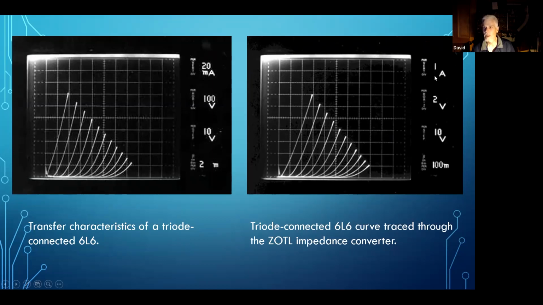Now the effective plate current is 1, 2, 3, 4, 5, 6, 7 amps, and the effective voltage drop across the tube is like 6 volts. So wow, now we've got a very interesting amplifying device that has triode characteristics just like the triode, as I said, triode connected 6L6.